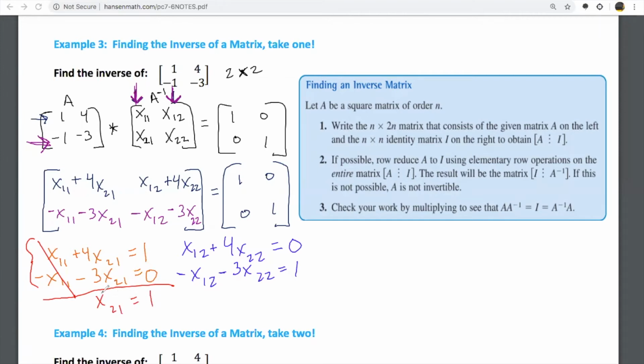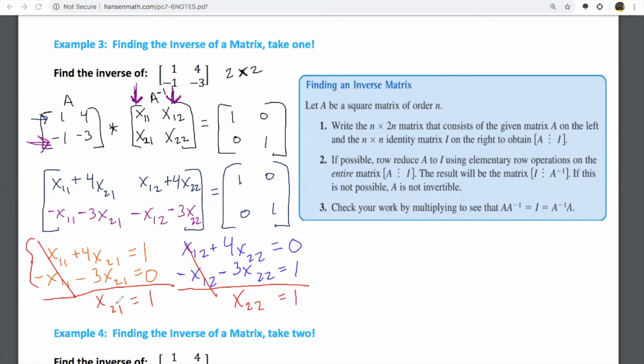So now we have a known quantity, which I'll get to in just a minute. On the other system from the other column, we have x12 minus x12 cancels. 4 minus 3 is 1x, row 2 column 2, and 0 plus 1 is 1.